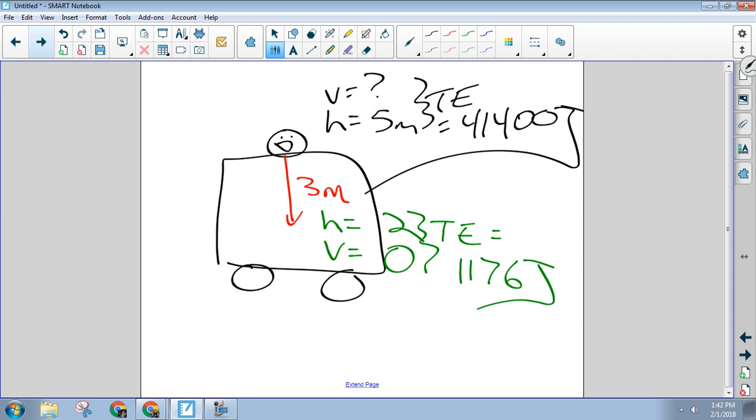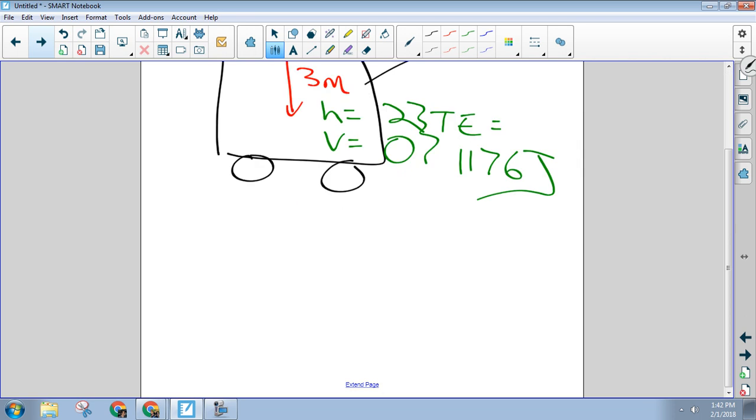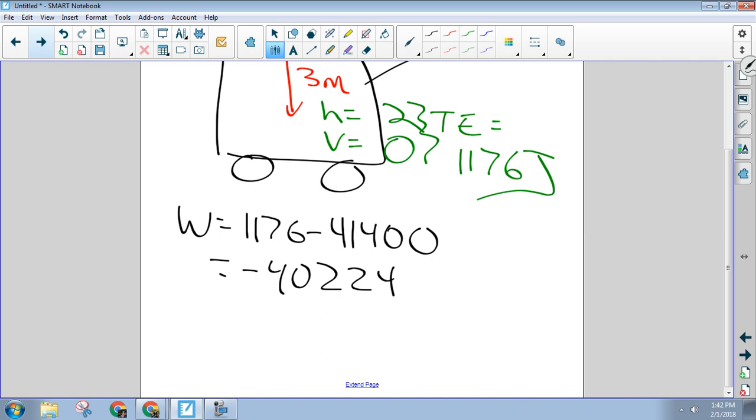Okay. So what's my next step, you guys? Use the second equation to find your work. Oh, wait, sorry. So my work is TE final minus TE initial, which gives you... and now what?